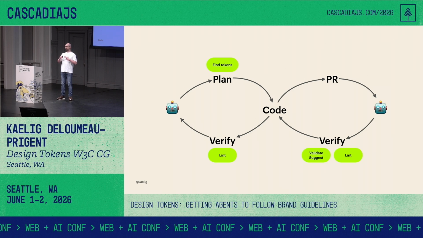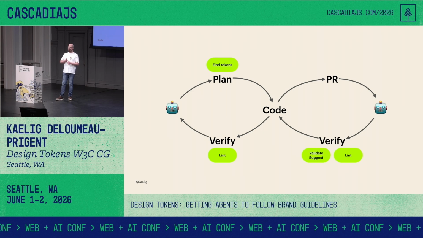So in this kind of fantasized version of the development lifecycle and the agentic loop, we've got a few spots where during planning, we want the agents to be able to find tokens so that they can plan accordingly and make sure to design things in the right way, telling your coding agents to do things in the right way.